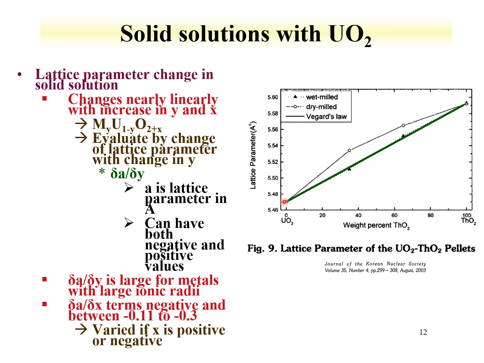This is called Vegard's law between uranium dioxide and thorium dioxide. This is weight percent thorium dioxide. So here's 100 weight percent uranium, 100 weight percent thorium. This is the lattice parameter for thorium dioxide, and this is the lattice parameter in angstroms for uranium dioxide. A mixture is just a linear combination of the two.